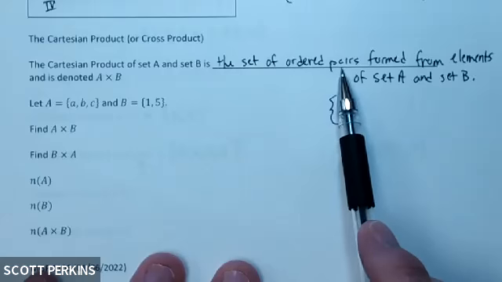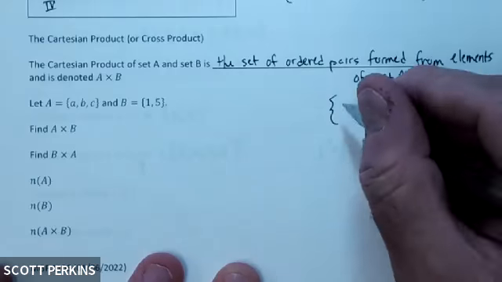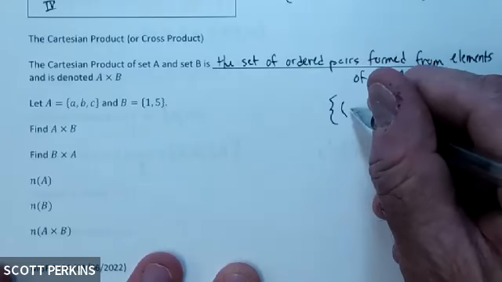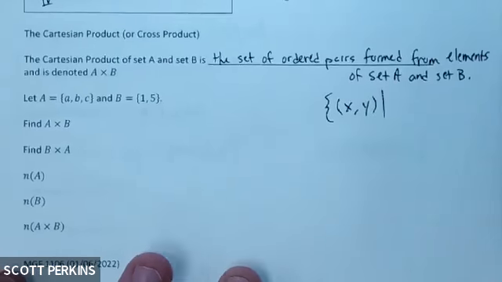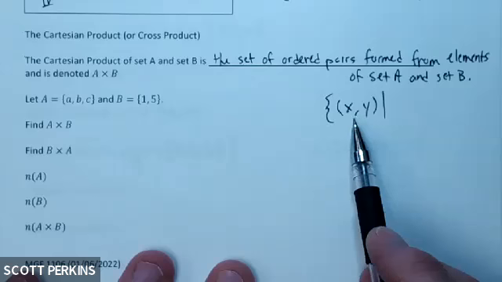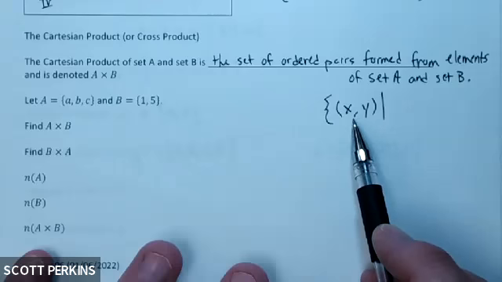Now we have ordered pairs. So this is the set, not just values, this is the set of ordered pairs. So I'm going to write the set of ordered pairs, X comma Y, such that. So now the format of my elements of my set are not just values, they are ordered pairs.